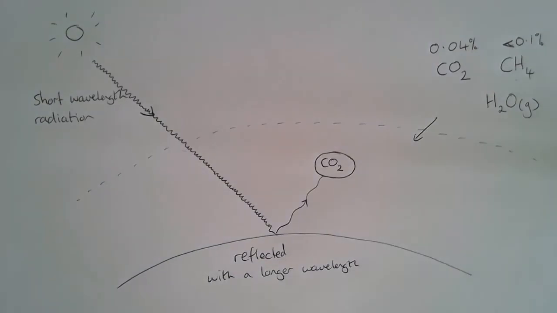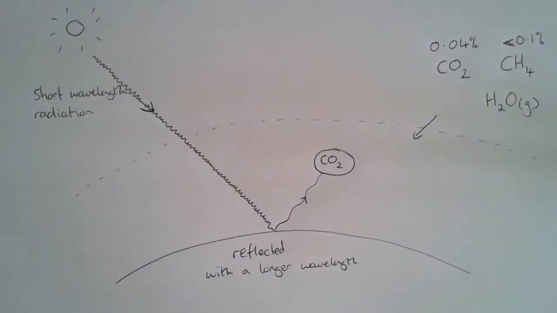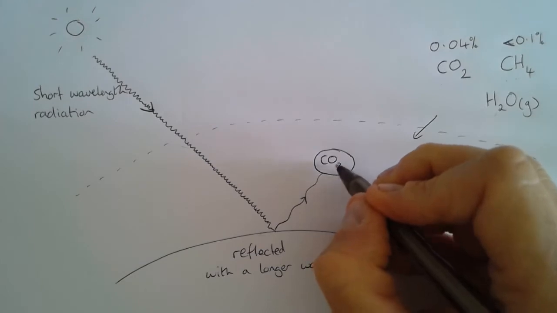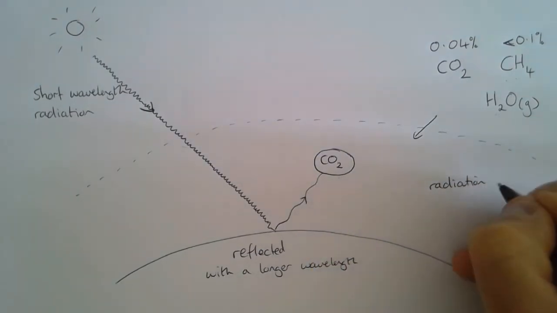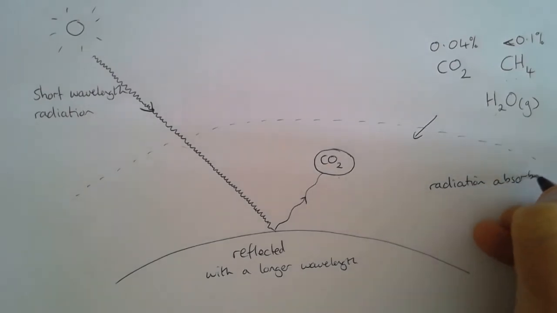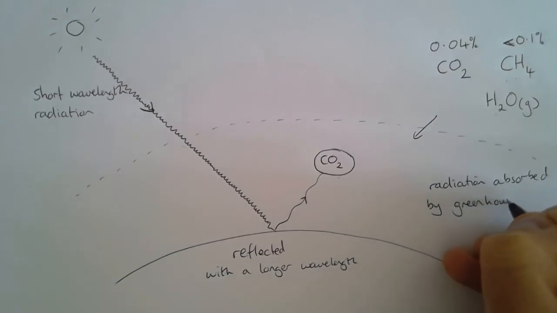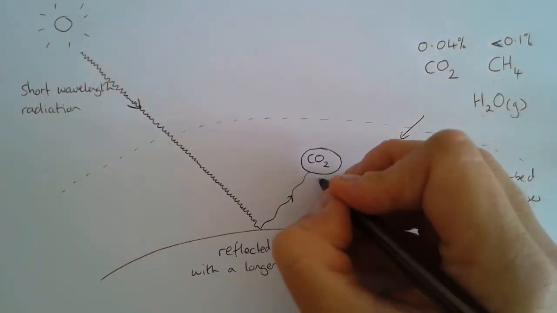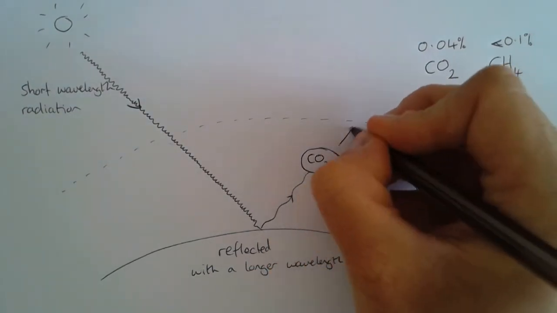I'm just using carbon dioxide as an example, but methane, CH4, and water vapor do this as well. The radiation is absorbed by greenhouse gases, and that radiation is re-emitted as heat.